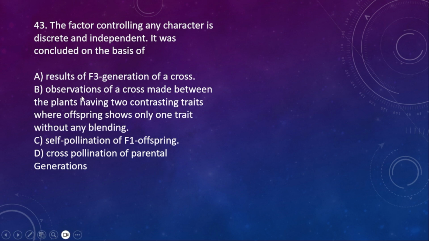B, observation of cross made between the plants having two contrasting traits where offspring shows only one trait without any blending. C, self-pollination of F1 offspring. D, cross-pollination of the parental generation. So here the right option is option B.